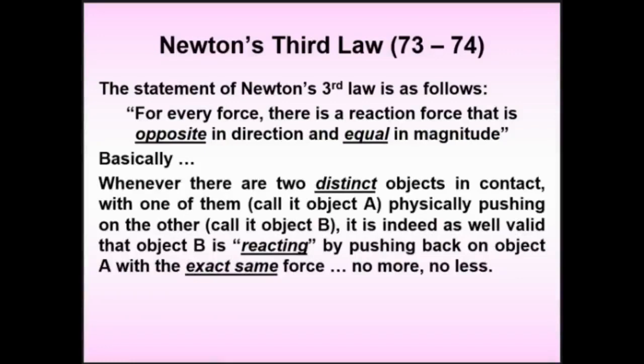So whenever there are two distinct objects in contact, with one of them, call it object A, physically pushing on the other, call it object B, it is as well valid that object B is reacting by pushing back on object A with the exact same force. In magnitude, but in the opposite direction. No more, no less. So that's basically one way to state Newton's third law.